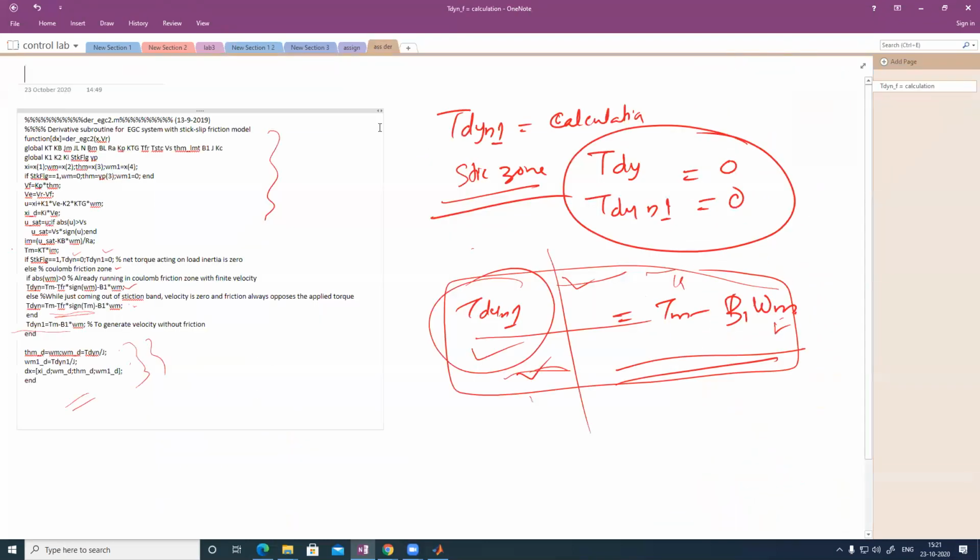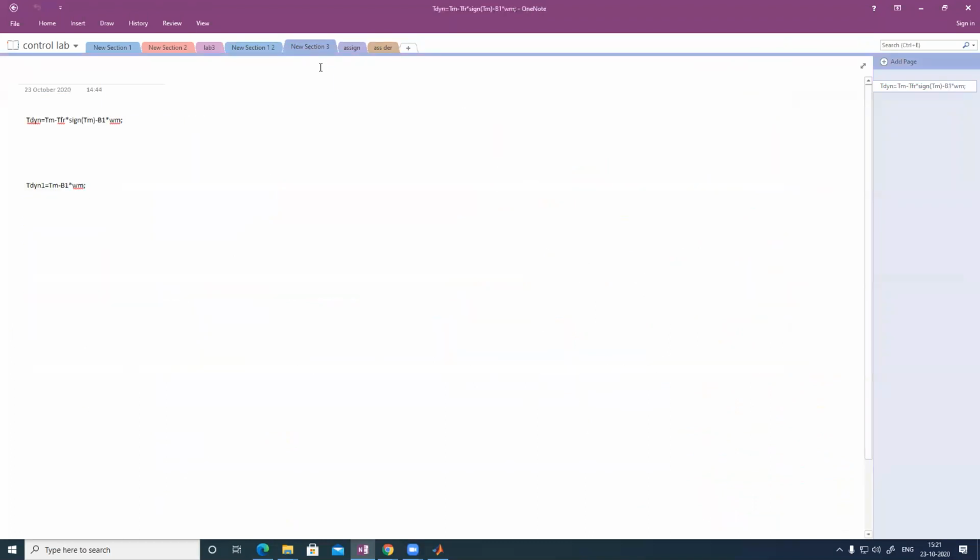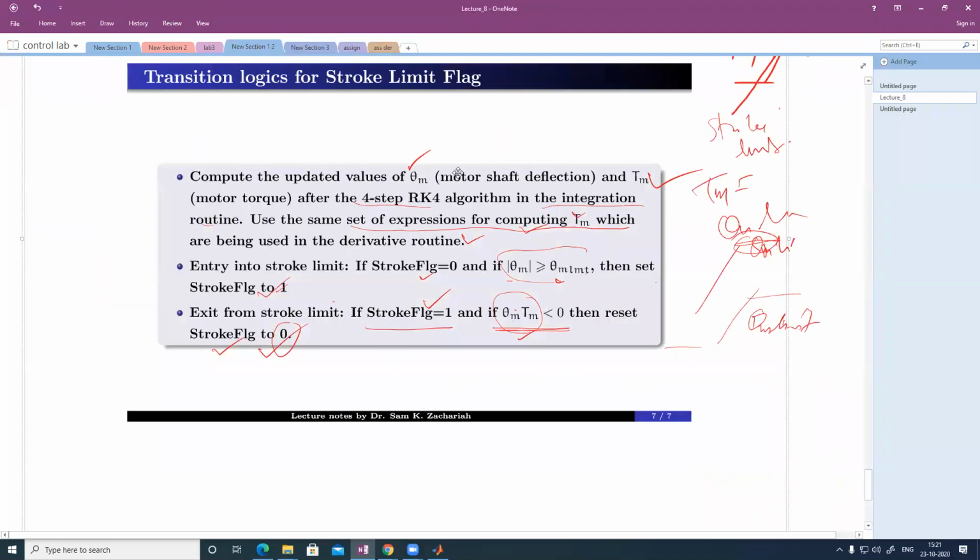And Sir, do I need to add this stroke limit to the slip flag, or should I do them separately? Earlier you did the stick slip model. That model also you have to take, because with theta limit and stroke limit plus friction, it should be there.